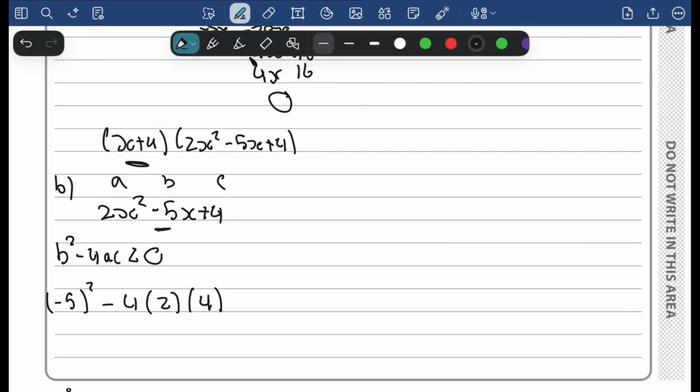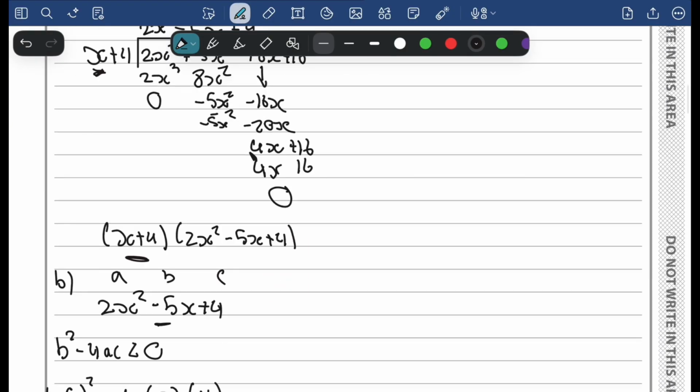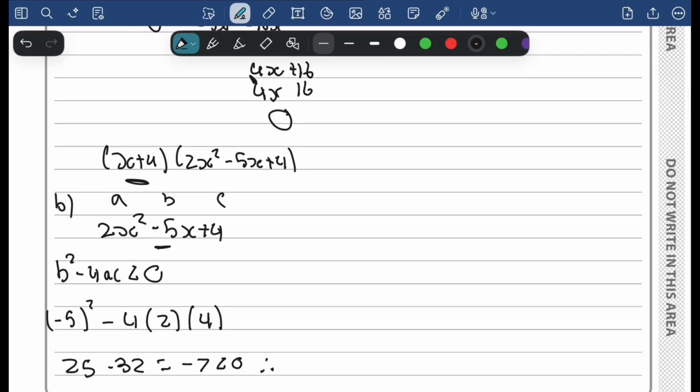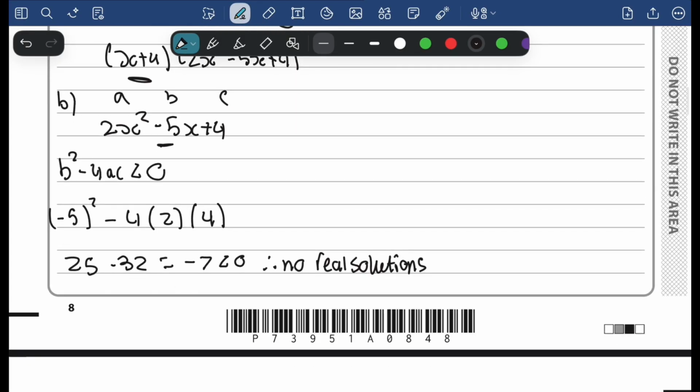Now we put this in our calculator, we can already see it's going to be negative, right? 25 minus 4 times 2 times 4, which is 32, is going to equal minus 7, which is less than 0, which then means that there are no real solutions. So that means our only other factor or bracket was x plus 4, which means x plus 4 is the only factor with a solution.